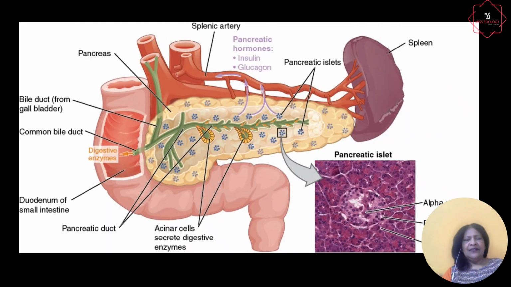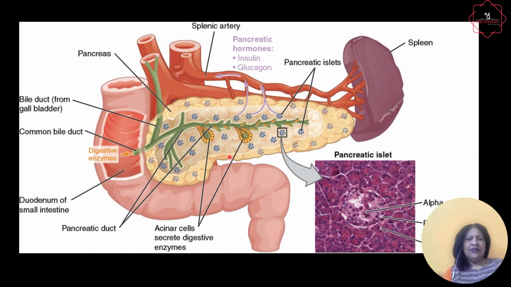And here you can see the gland being shown all around, which is a long gland measuring about 6 inches or 15 centimeters by length, and approximately around 2 inches in width.